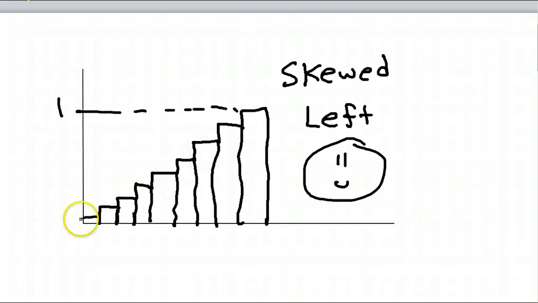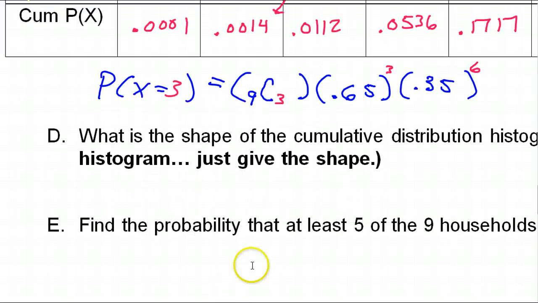Because if you look at the tail, look at the small end, whichever way the tail goes, that's the direction in which it is skewed. So this is skewed left. And all cumulative probability distributions will be skewed left.